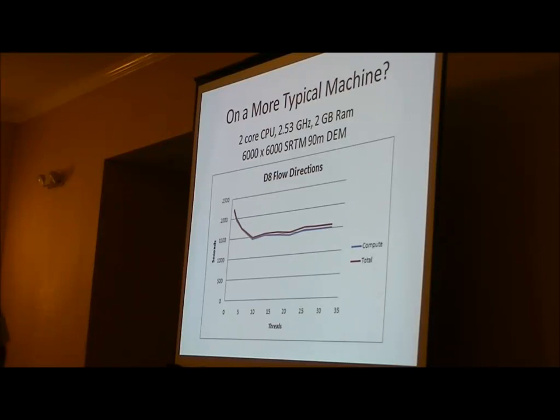I ran it with various numbers of threads, and I've done it with some of the other tools as well. It's been fairly consistent that 8 is what you want to set it to. From 1 to 8 you get a fairly nice reduction in the computing time, and then it basically levels out. In fact, it goes up surprisingly slowly.